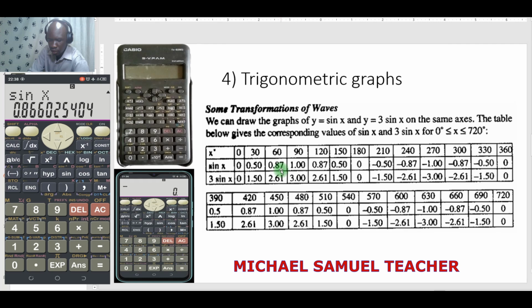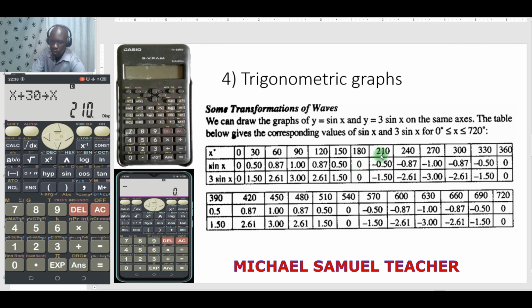That has been rounded off. So from the calculator it is 0.866 and so on. When x is 90, sine 90 is 1. When x is 120, sine 120 is 0.87. When x is 150, sine 150 is 0.5. When x is 180, sine 180 is 0.